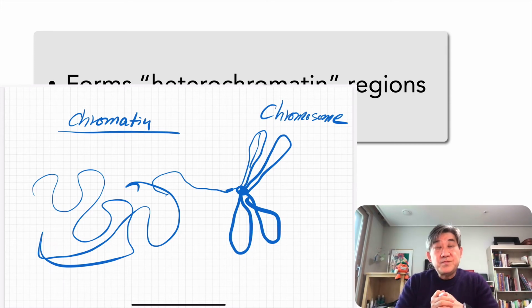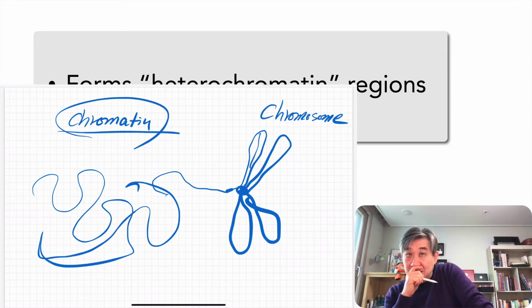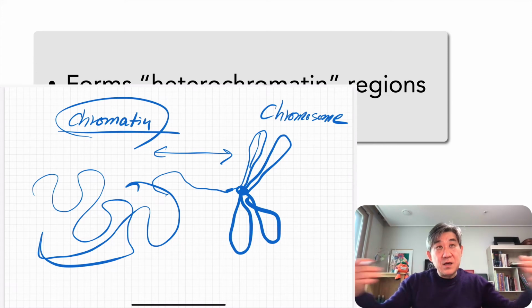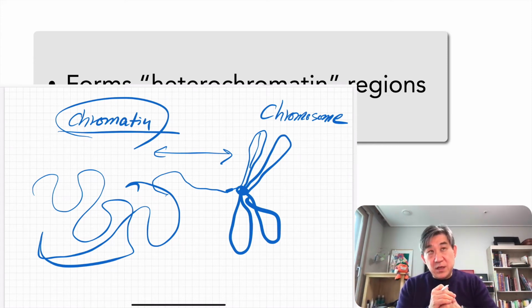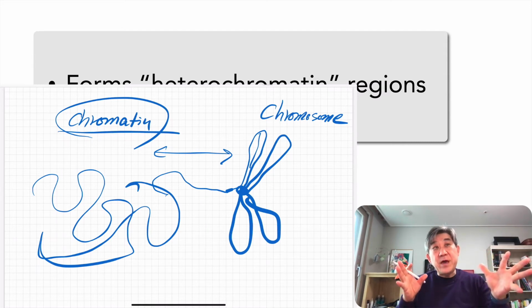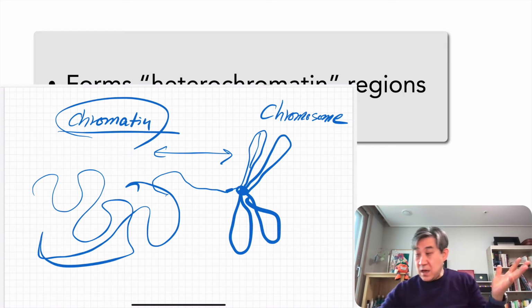You can pull and make this highly compact, condensed area into a much less condensed area. Now we call it chromatin. So this organization moves back and forth depending on your need. Even the same area of your genome can sometimes exist as a highly condensed chromosome.